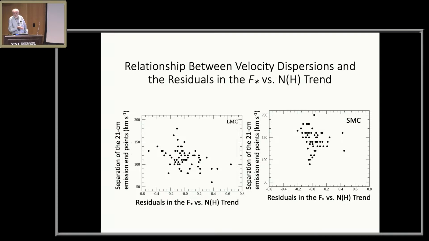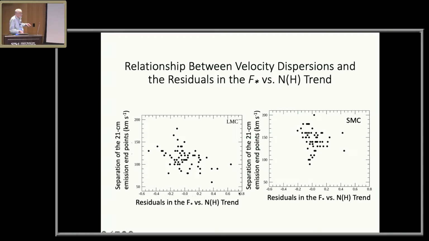Let me now end with just a particular observation that's interesting. You expect dust to be destroyed when there are shock waves, either from supernovae or from the mass loss from stars. If you look at the residuals between the expected depletion based on the hydrogen column density in that trend, the deviations are shown here on the x-axis.